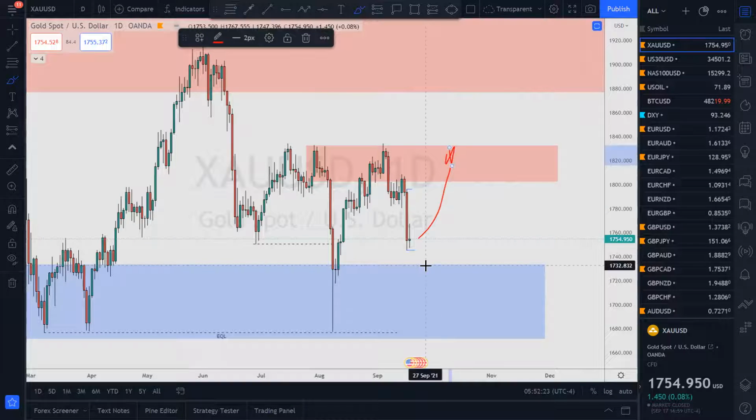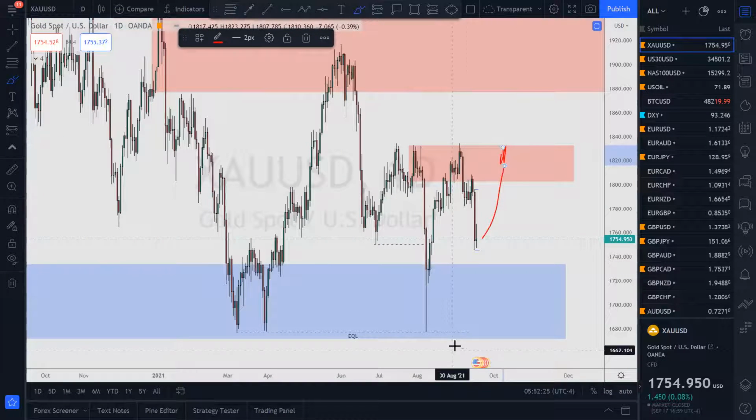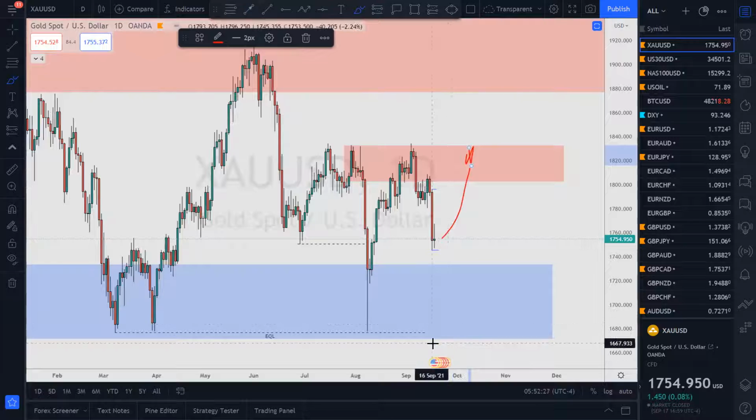We should be looking for some bullishness, but I suspect, with this order block that price is sitting in right now, we had a double bottom here, we had a breach of the swing low here, right? Price returned to the impulse and price is coming back down.